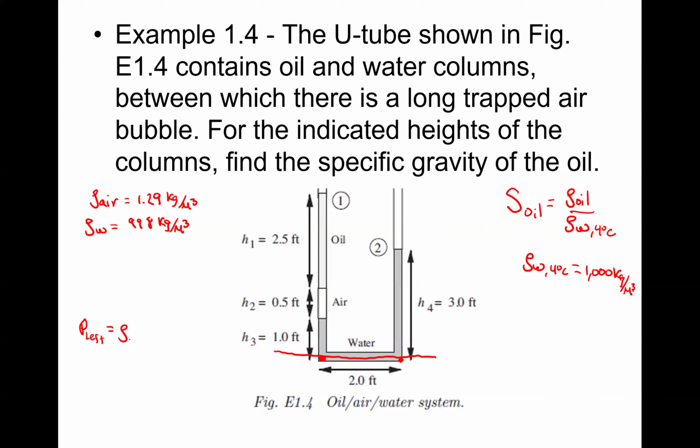It's going to be rho of oil times G times 2.5 feet plus the rho of water times G times, sorry, times 1 foot. And that is going to be equal to the pressure on the right, which is rho of water times G times 3 feet.